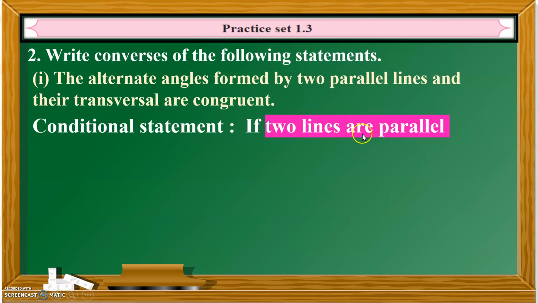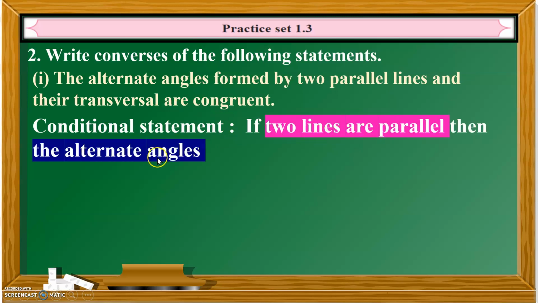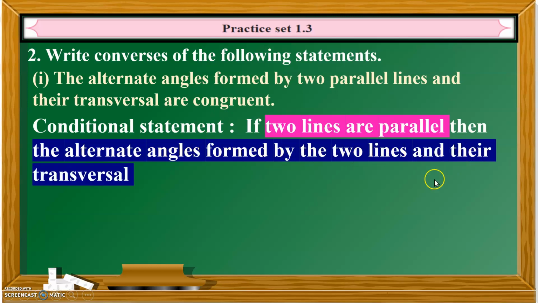So let's start with the conditional statement. If two lines are parallel, then the alternate angles formed by the two lines and their transversal are congruent. Now deliberately I have highlighted the part that comes after if and after then, so that you understand that when we are writing the converse, these positions have to interchange. Okay, now what will come in the converse statement?